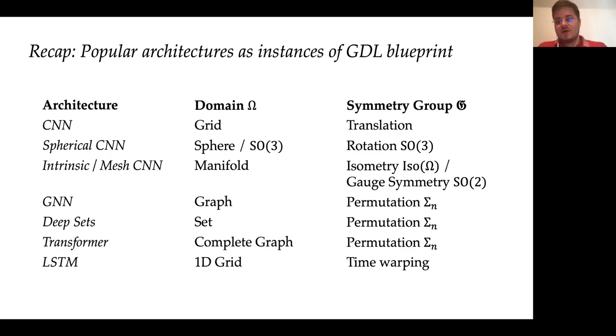So it's a very powerful blueprint, not just for making sense of and unifying everything that you might have seen before in deep learning, but also something that might help you expand your views and reason about the domains that are not necessarily that standard nowadays.